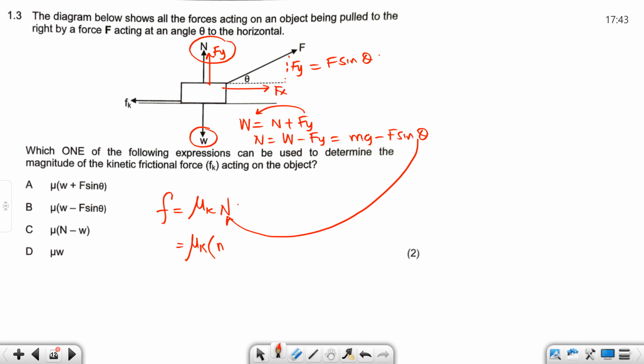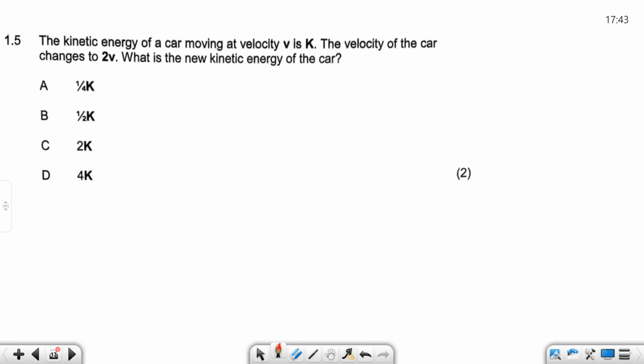Mu k into bracket what? mg minus F sine theta. Easy stuff, guys. You will never walk through until you find the component. Please always find the component, and the one that is opposite, we use what? Sine.